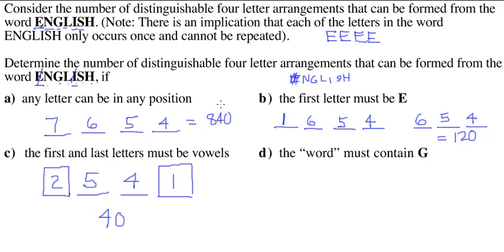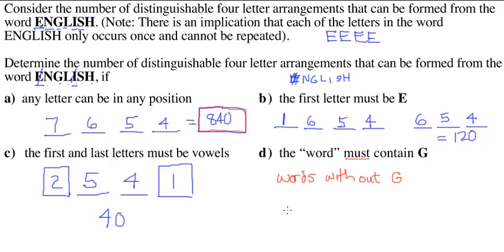We know that there are a grand total of 840 words that we can make. 840 of any kind. It turns out it's much easier to work out how many words don't have G. If they're saying how many words are there that do contain G, the flip side of that is how many words are there without the letter G.